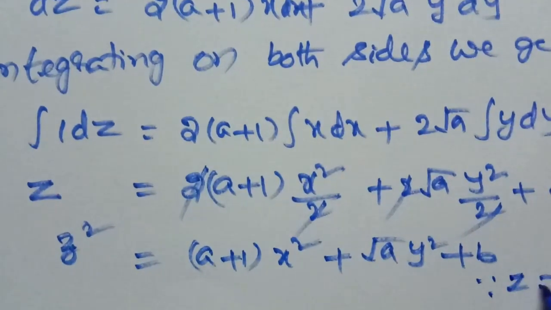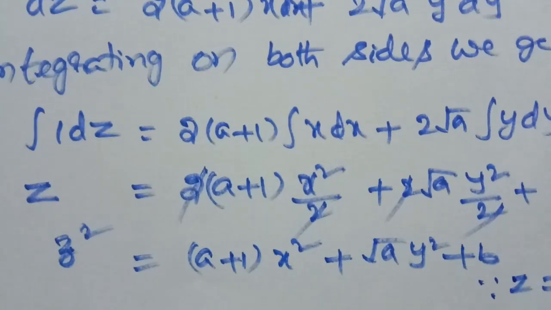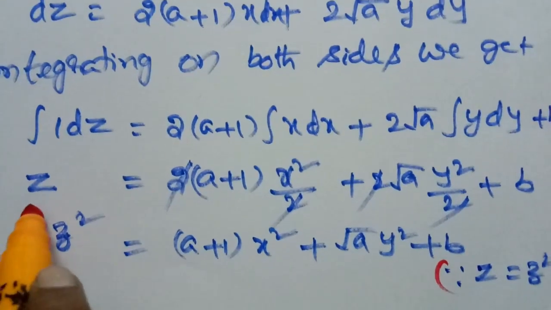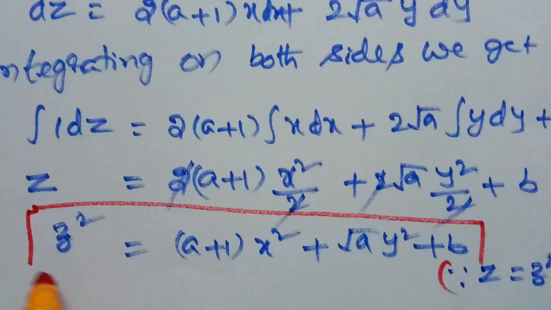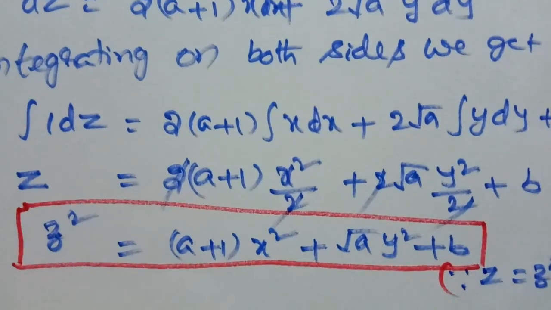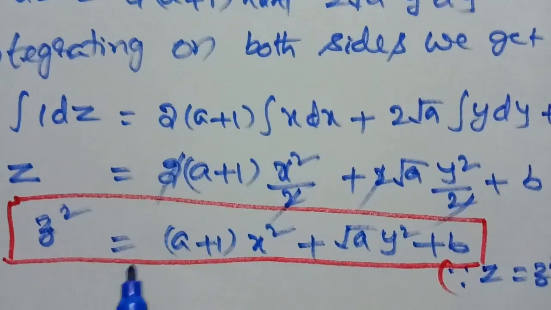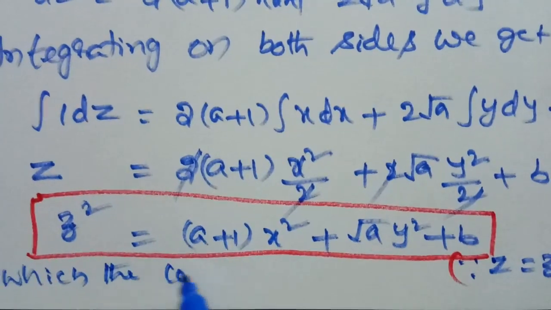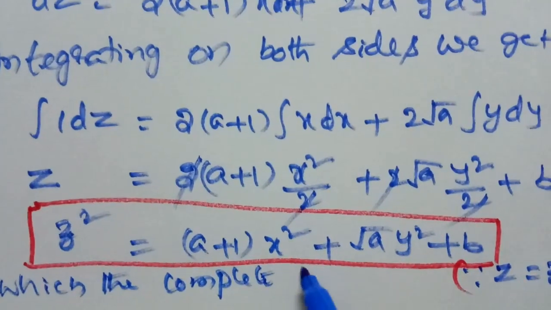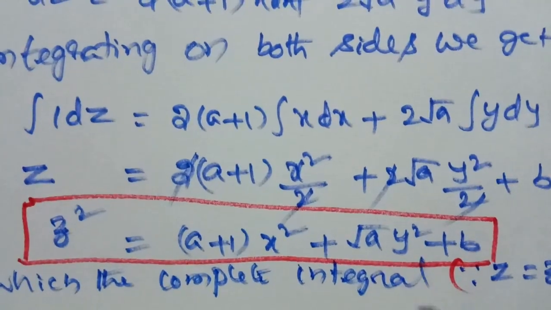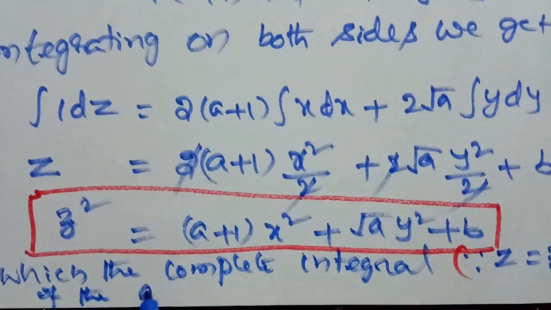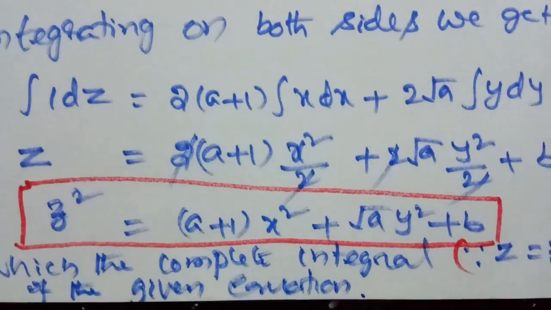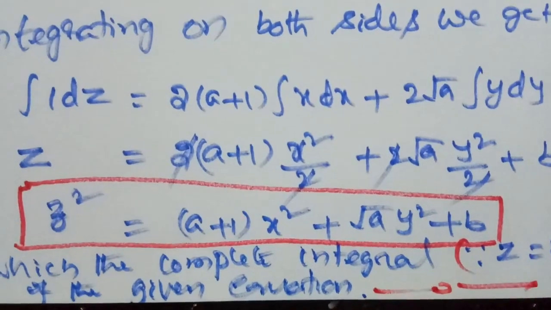Since capital Z is equal to z square, this is the complete integral of the given equation, as it contains two independent variables x and y and two arbitrary constants a and b. This completes the solution.